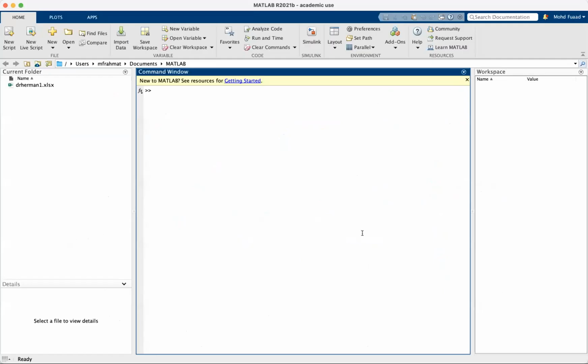Okay, can you see the MATLAB panel? Yes, thank you.